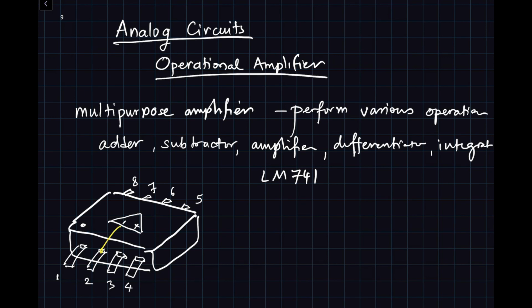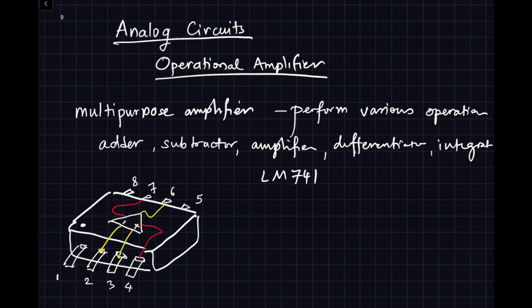The positive input is connected to this one, the negative input is connected to this one, and the output is connected to pin number 6. Then I'm going to use red color for supply connections. Pin number 7 is connected to, I think, VDD, and pin number 4 is connected to ground. That's what it looks like.